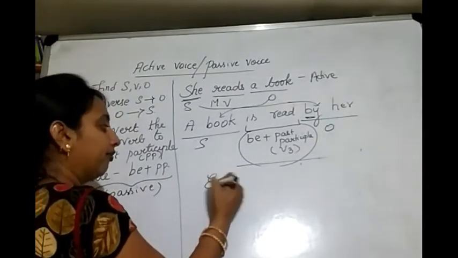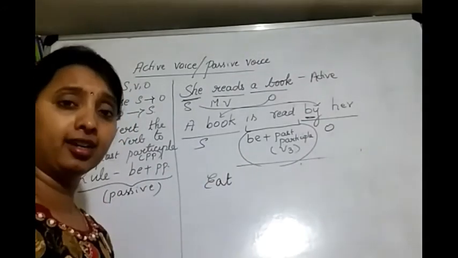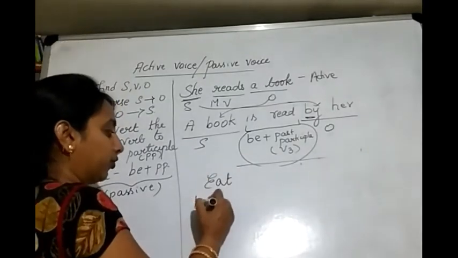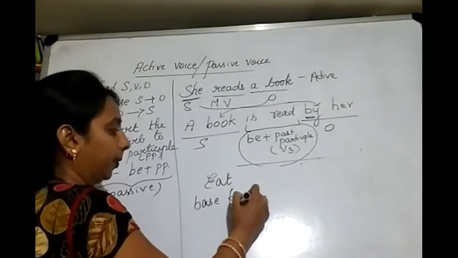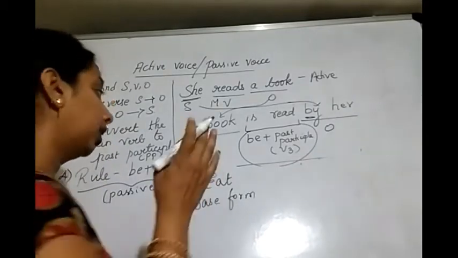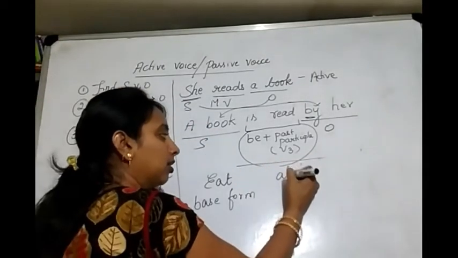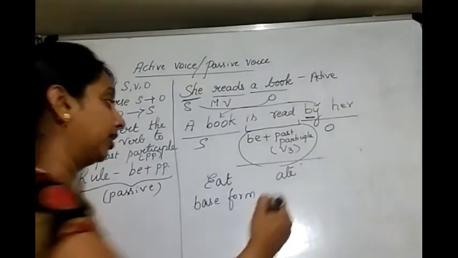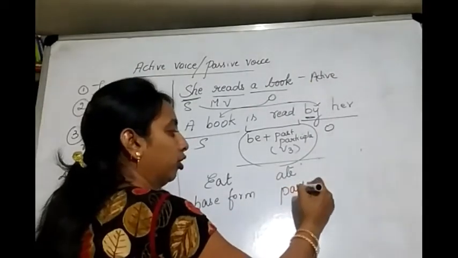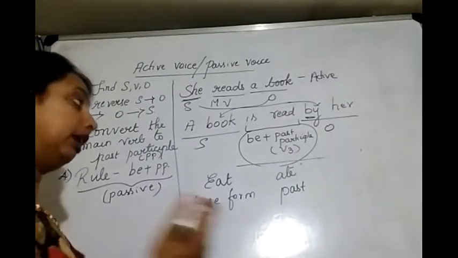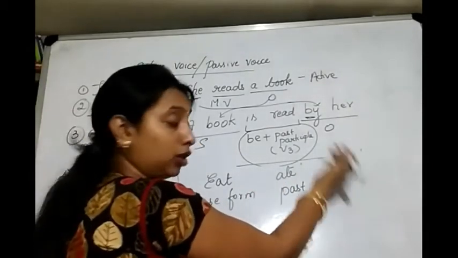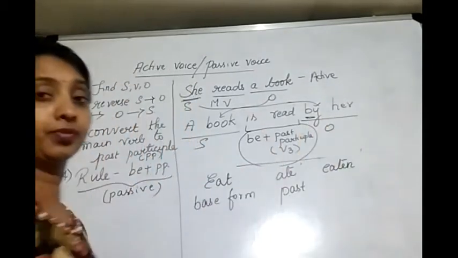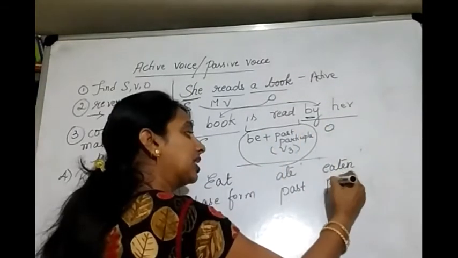So if I write eat, it is the first form of a verb that is called as base form. If this eat goes to the second verb form, it becomes ate and that is past form of a verb. Then in the third column, it becomes eaten. So this is past participle.